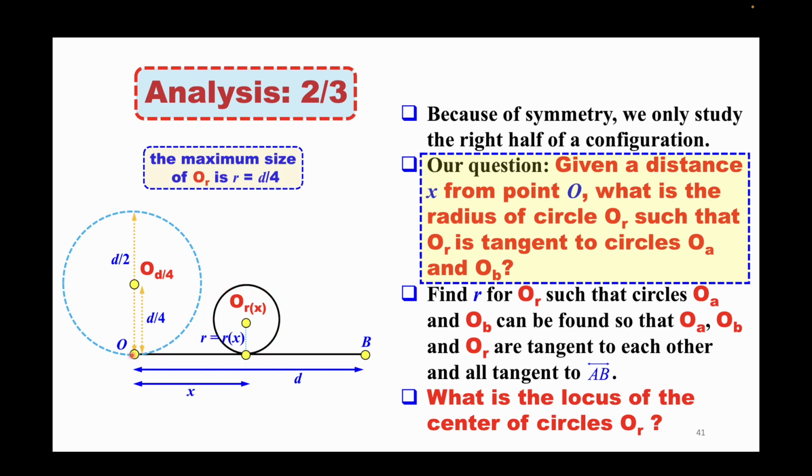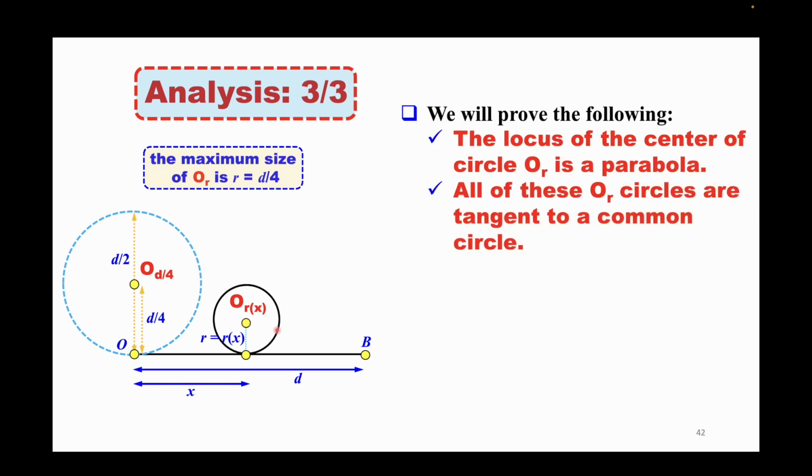So given this distance X, what is the radius of this OR? This is what we are going to figure out. If we could figure out the radius of this OR, we are able to figure out the locus of its center.